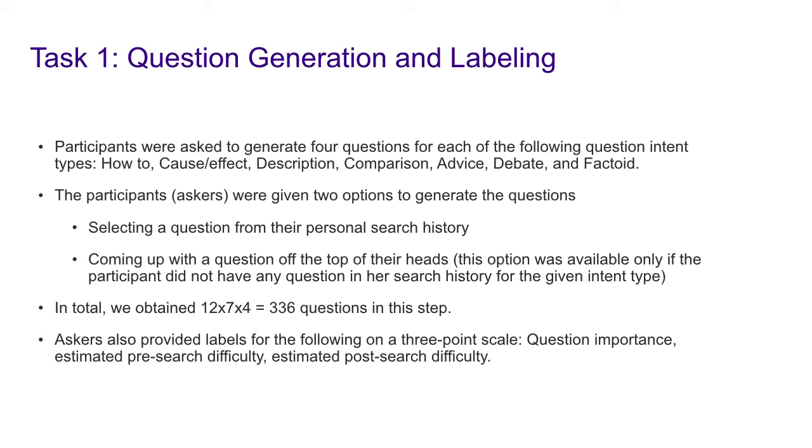If no suitable question was found for the intent category at hand, they could come up with a question off the top of their heads. This way, we obtained 336 questions. In this task, the participants also provided us with some additional information, like the importance of the question for them and the estimated difficulty of the question before and after searching for an answer.